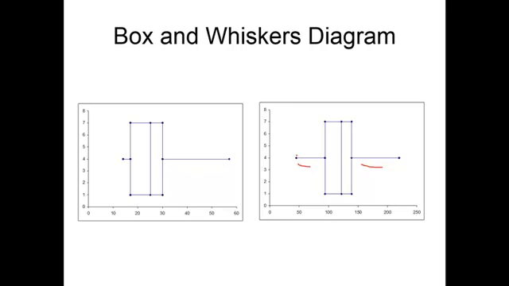This is from the example we just worked. This is the lowest value right here, and the highest value was 220. We've figured out the median value, which falls right here, and then the middle of the bottom half falls right here, and the middle of the top half falls right here.